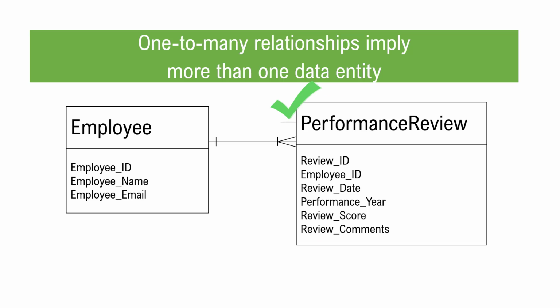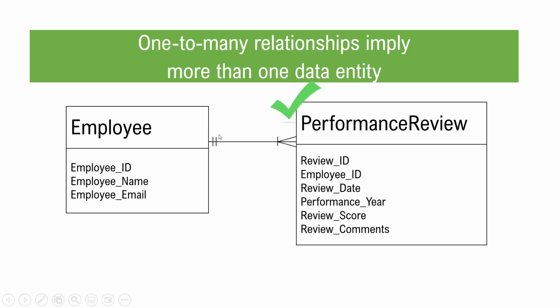If we have a one-to-many relationship, we need to say between which entities these relationships exist. So in this case, employee entity has a relationship with a performance review entity, and it is a one-to-many relationship because one employee can have one or many performance reviews, but one particular performance review is done for a specific employee.